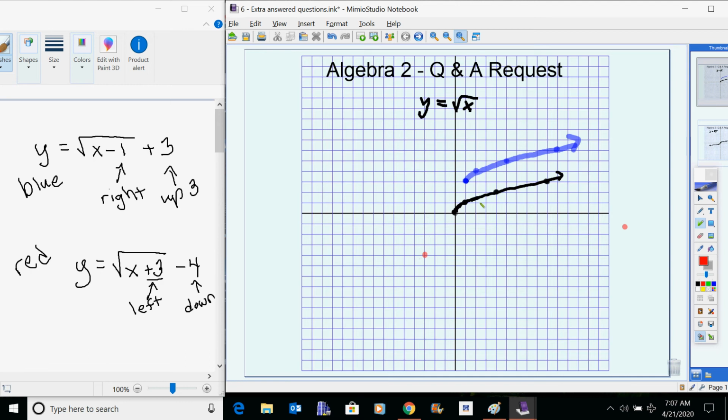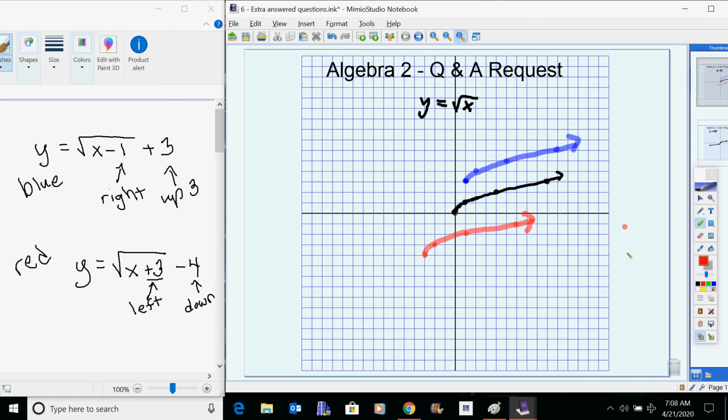And then the pattern is actually the same. For me, it's easier to just count the pattern than to count each point. Each one of them is left 3, down 4. And then the graph looks like this. The whole thing has been shifted over.